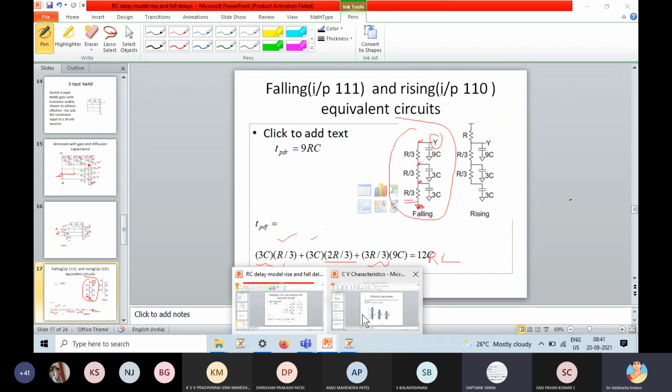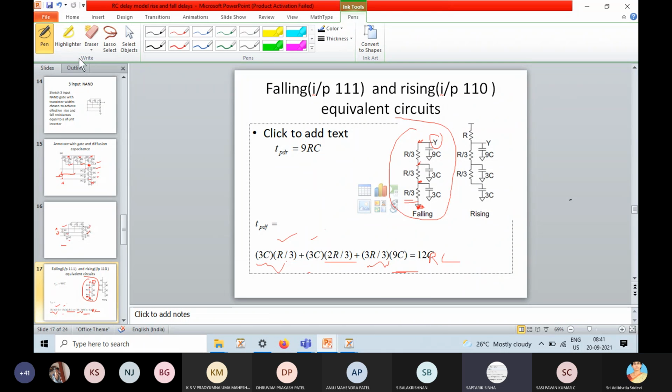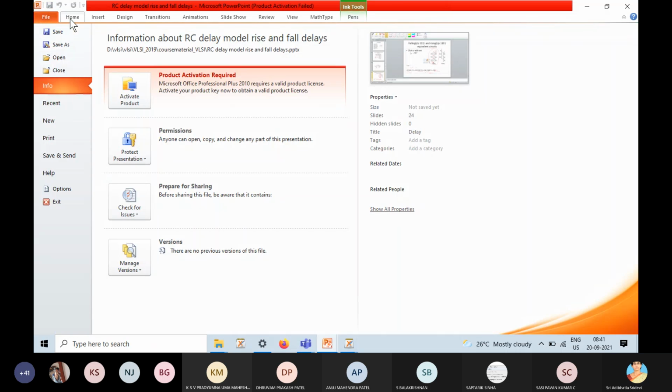Just 3C into R by 3, plus 3C into 2R by 3, plus 3R by 3 into 9C. What is that value? Calculate. Yes, I got 12RC, ma'am.